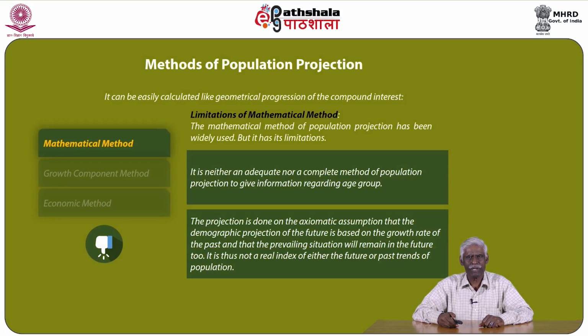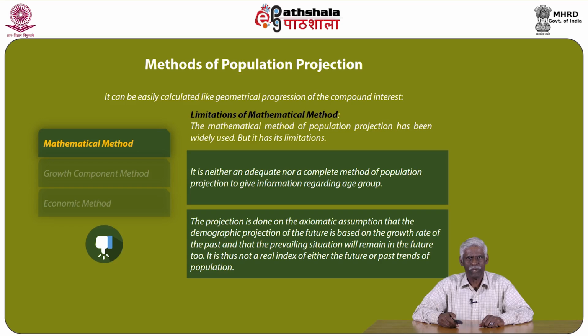However, there are certain limitations of the mathematical method. Though widely used, it has its own limitations. Number 1, it is neither an adequate nor a complete method of population projections to give information regarding different age groups.